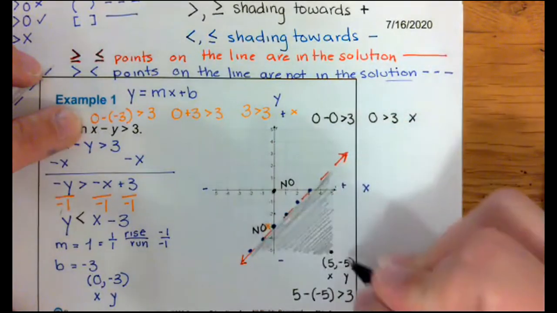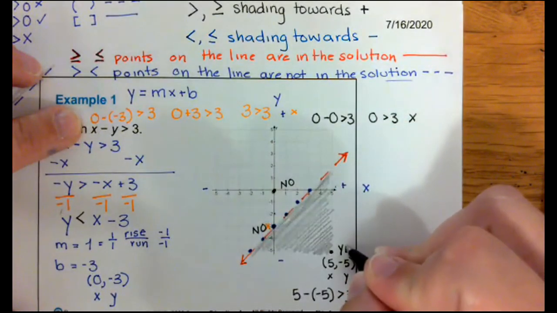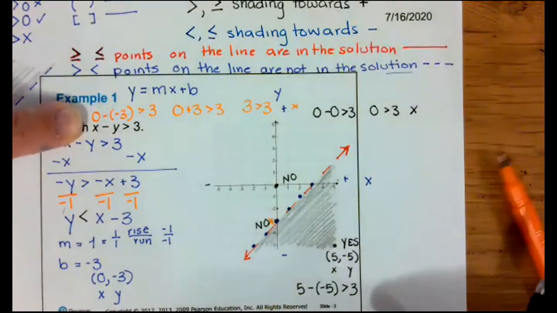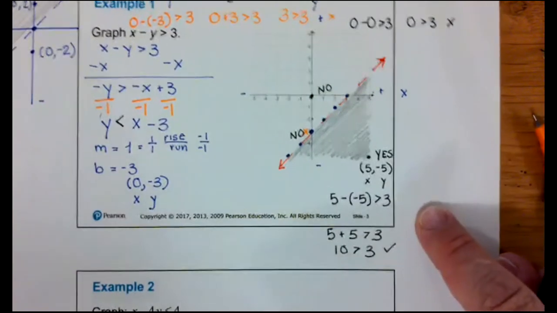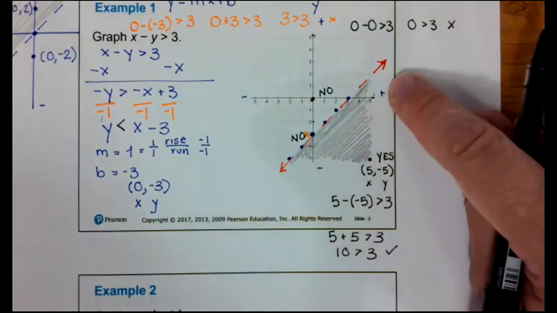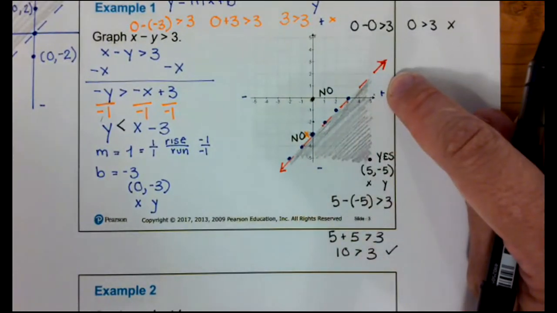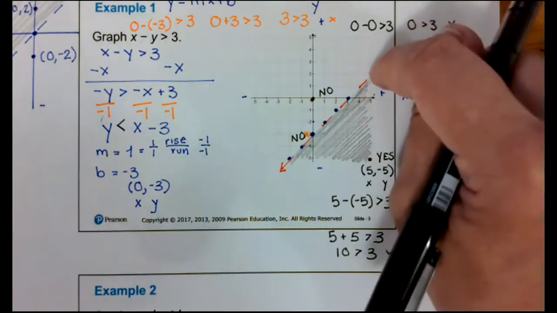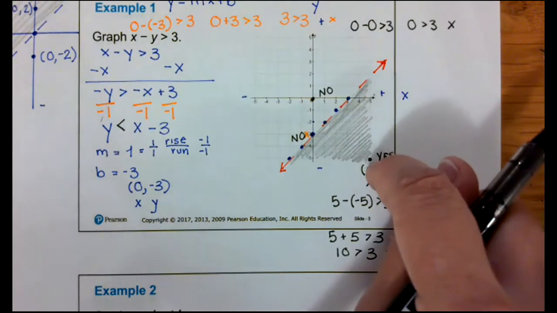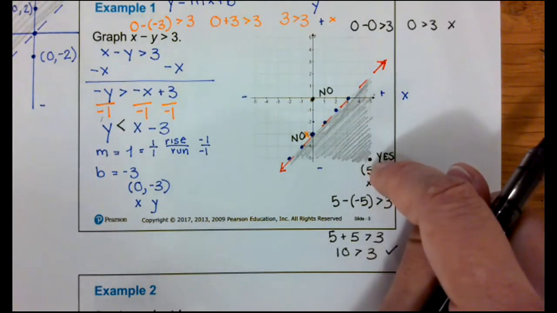That's not part of the solution set. That is part of the solution set. So the line is dashed, and we will shade the region below, or toward negative y. Okay.